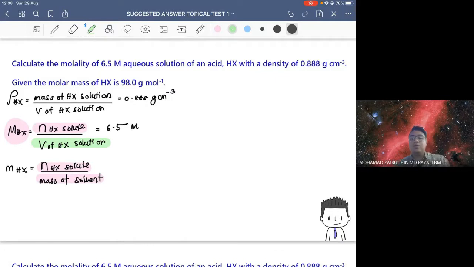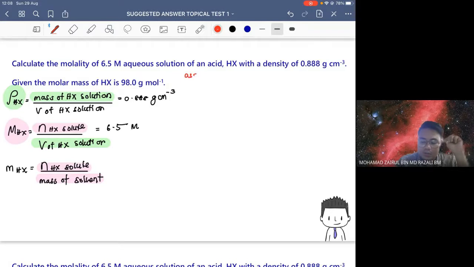Okay, tapi volume of solution itu kita boleh dapat daripada density. Daripada density kita boleh dapat. Tapi dia tak ada mass of HX solution. Okay, untuk case macam ni, kita kena buat assumption. Okay, remember that ada 3 sahaja benda yang awak boleh buat assumption.